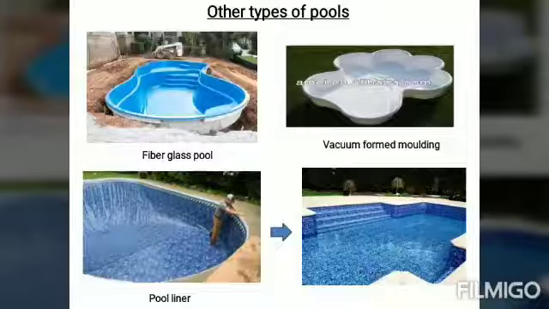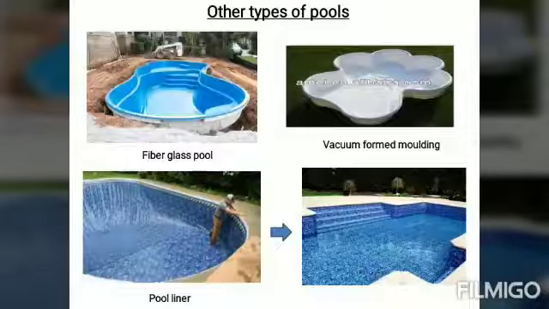It's like a small pool, and you can carry it anywhere. You shouldn't place it inside the soil or anything. You can carry it. These are prefabricated pools, made of what? Polyvinyl chloride or polyethylene. So this is one example.